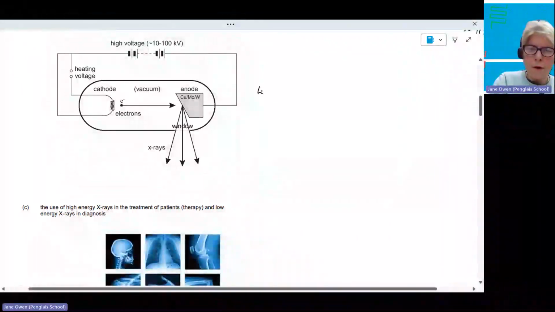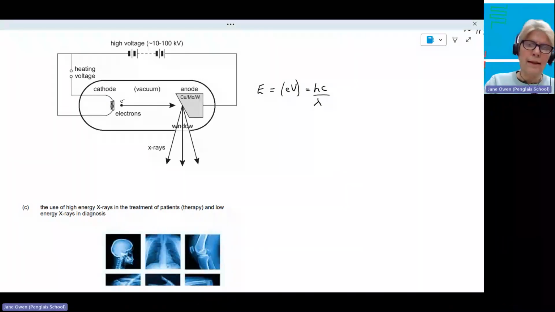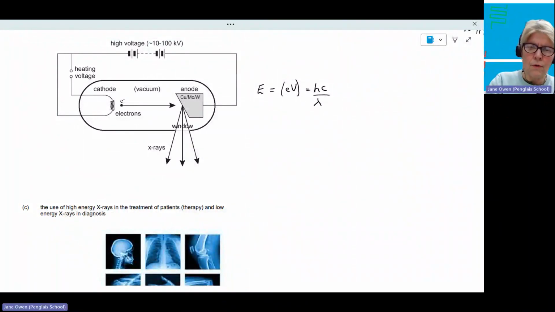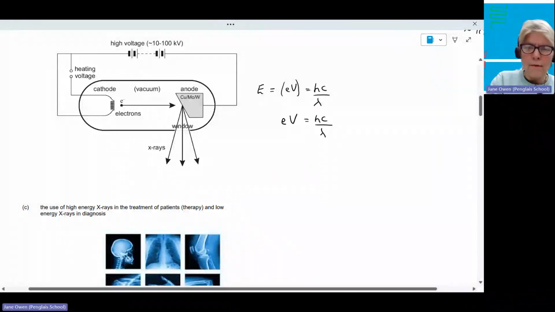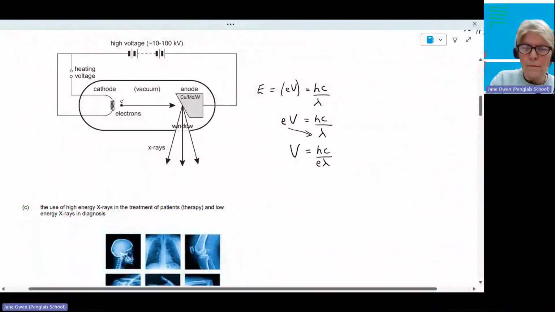So from the equation, energy in electron volts is equal to hc over lambda, we can relate that to accelerating the electrons across a voltage. If I just get the electronic charge underneath, we've got V for voltage equals hc over e lambda.